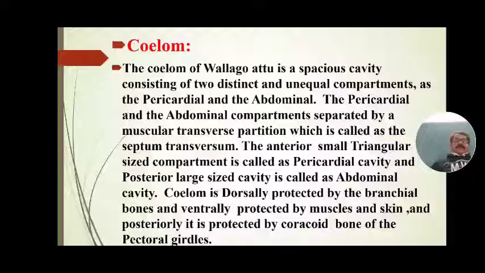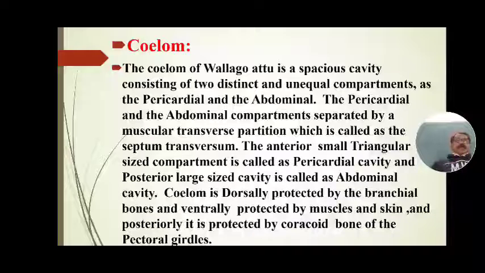Coelom. The coelom of Wallago attu is a spacious cavity consisting of two distinct and unequal compartments. This spacious, bag-like, sac-like structure is divided into two distinct parts.